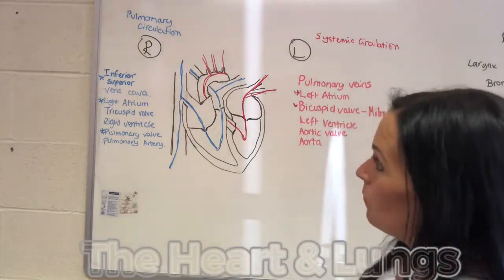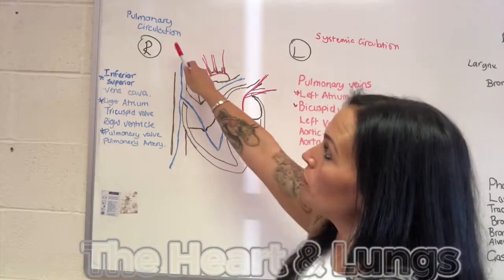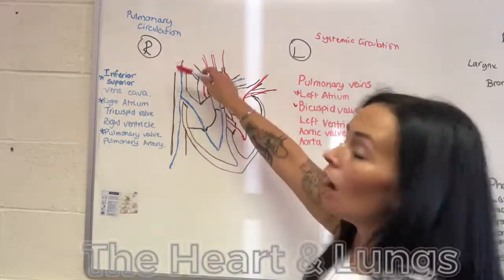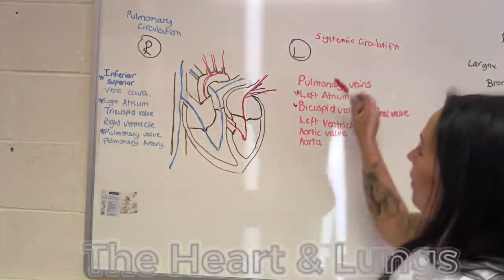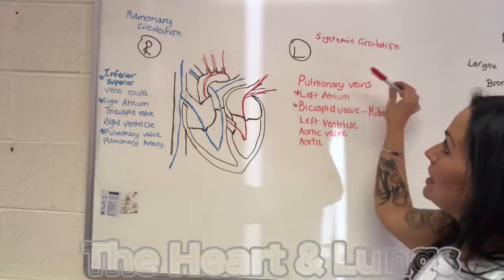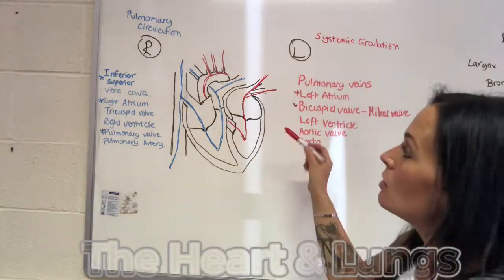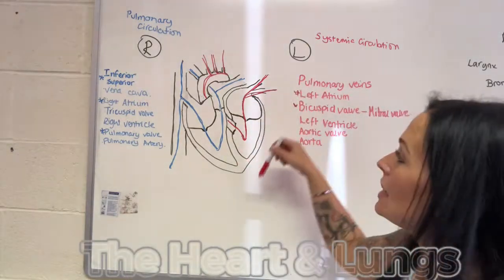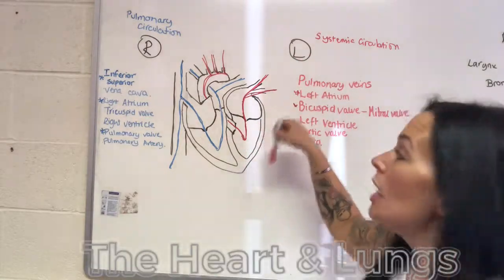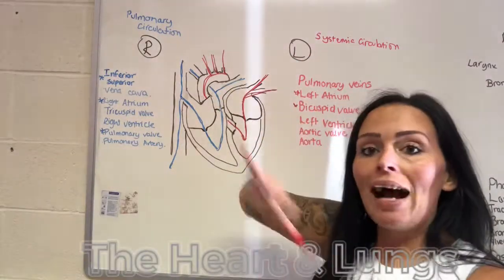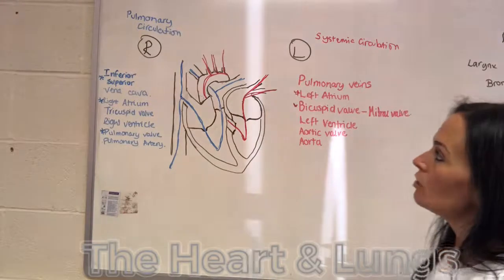Okay, now this side here is called the pulmonary circulation. That's between the heart and the lungs. This side, the left side, is the systemic circulation. So this is when the blood has been oxygenated, pumps back through the heart and then out to the rest of the body to be used.